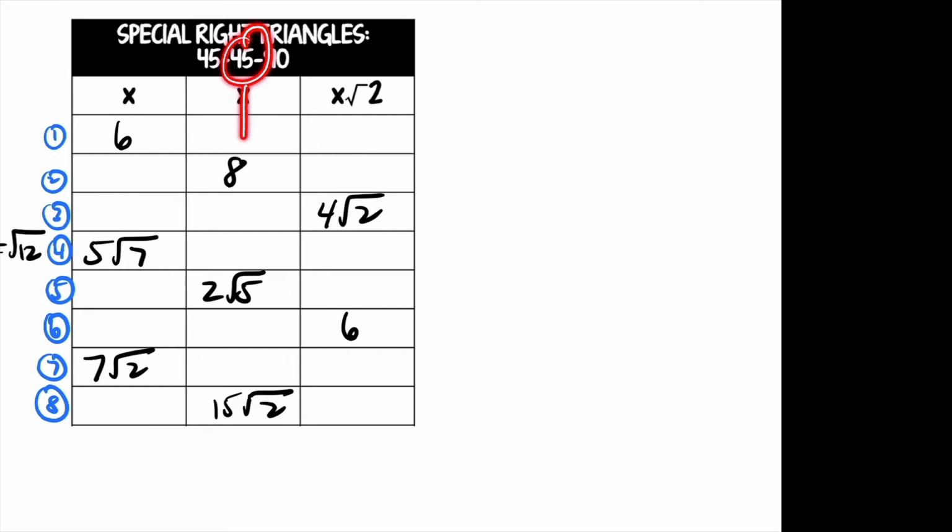This middle column is the other leg, and then the hypotenuse is opposite of 90, so that's this last column. Okay, so let me draw a picture. These are 45, 45, 90.